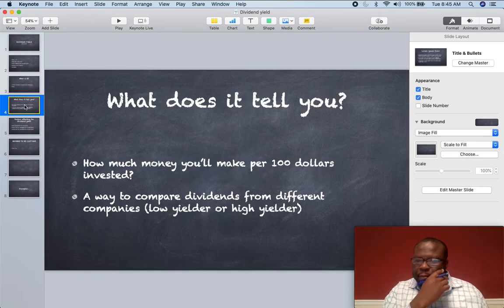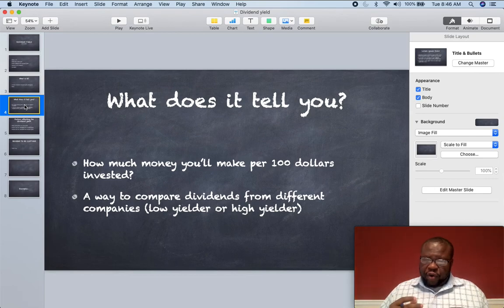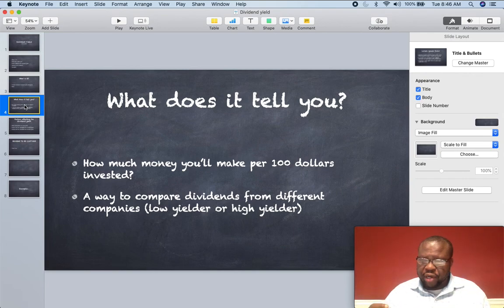What does the dividend yield tell you? Like I said, it basically tells you how much money you'll make per $100 invested, right? So if you're making $5 every year and the stock is trading at $100 per share, 5 divided by 100 is 5%. So that company would have a dividend yield of 5%.